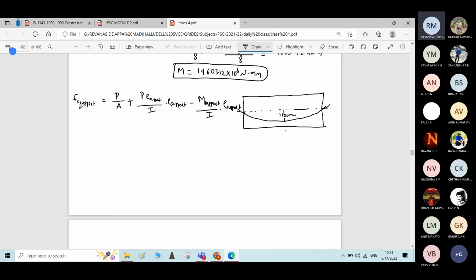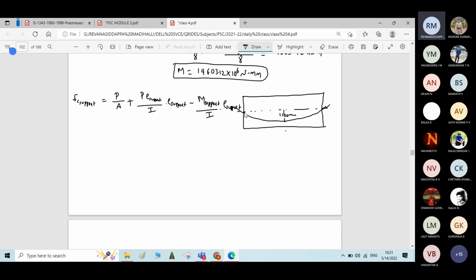Now we are calculating stress at the support. Therefore, we have to substitute the values corresponding to the support only: eccentricity at the support and moment at the support. Now eccentricity at support is how much?